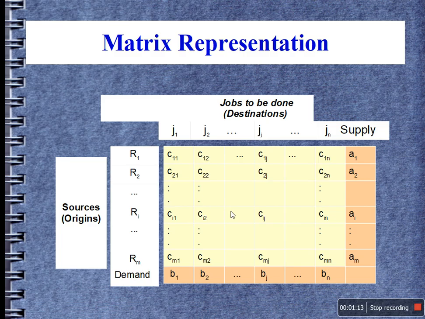Likewise we create this matrix, and here A1 is the supply of origin R1, A2 is the supply of origin R2, B1 is the demand of destination J1, and B2 is the demand of destination J2.